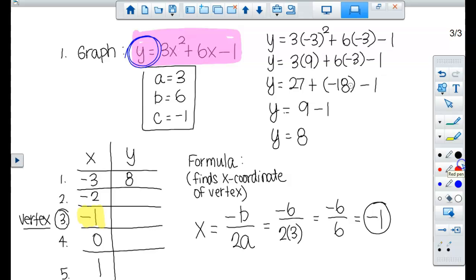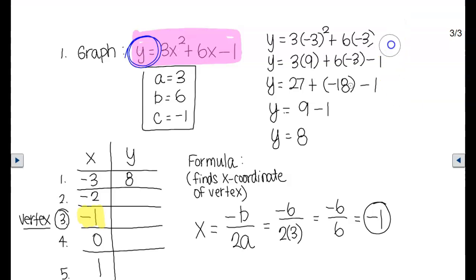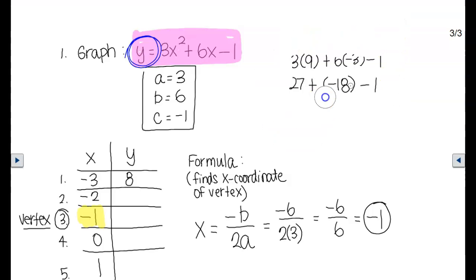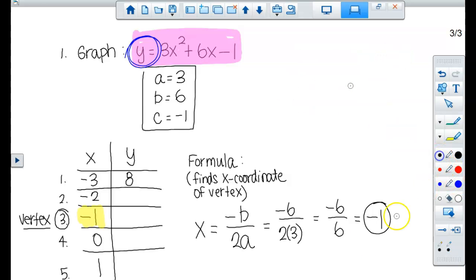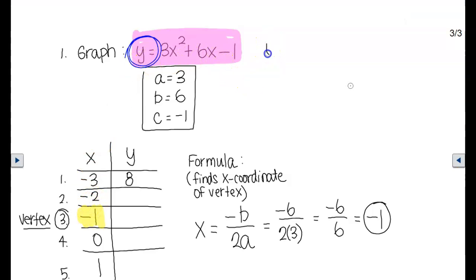Okay, so now I'm going to erase this because I don't have a lot of room up here. My board's getting kind of crowded. And we're going to do the second part of this. So now we're going to plug in negative 2 for all of the x's. So that'll give us y equals 3 times negative 2 squared plus 6 times negative 2 minus 1. All right, so first up we'll do our exponent.